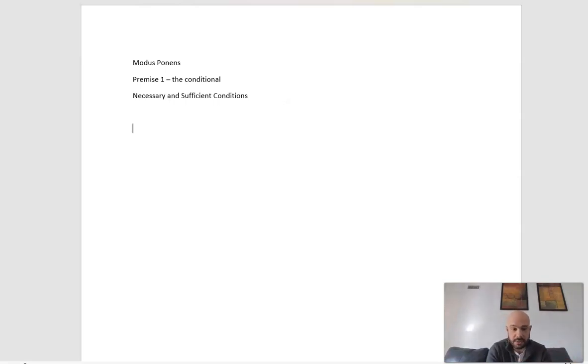So a modus ponens is going to be a conditional argument. It's going to have the form. So that's going to be the first premise. If P, then Q. And note these variables, the P and the Q, they can stand for any word, right? So remember the lesson on validity.